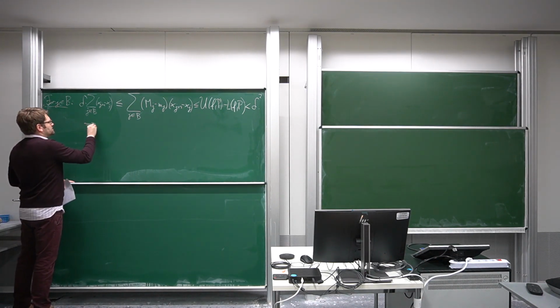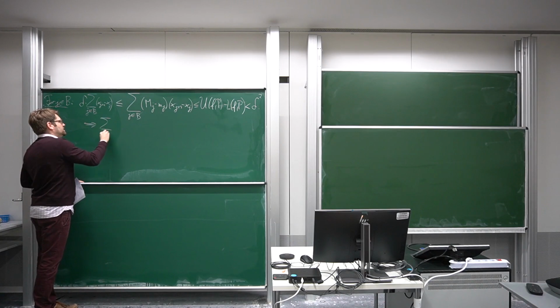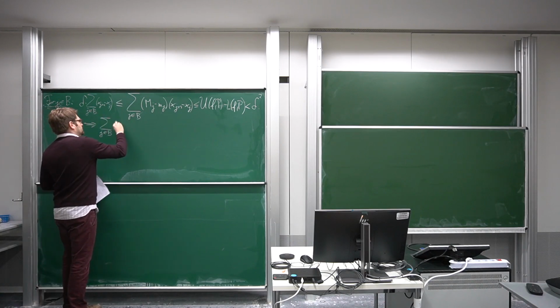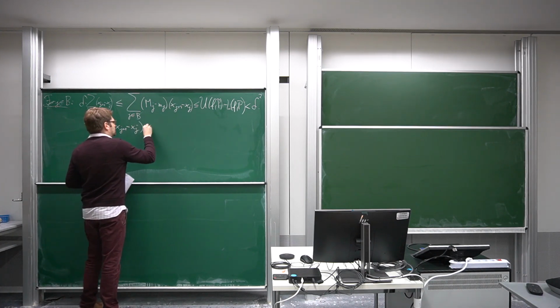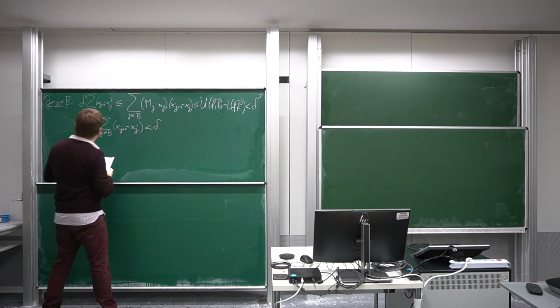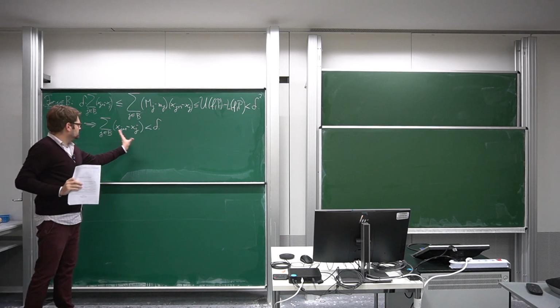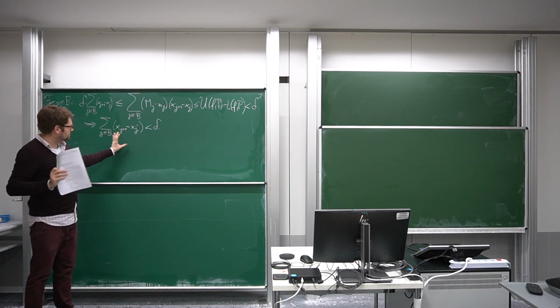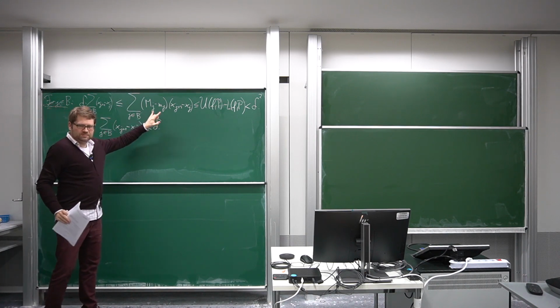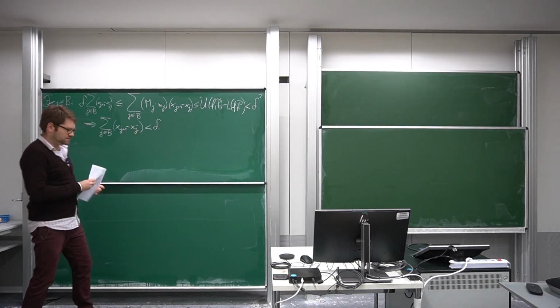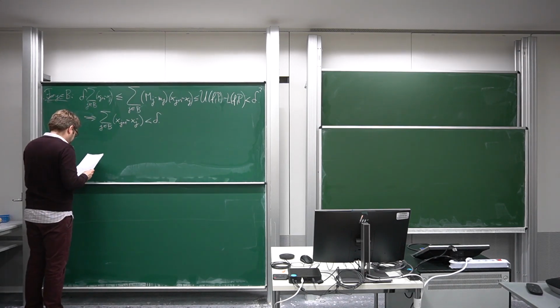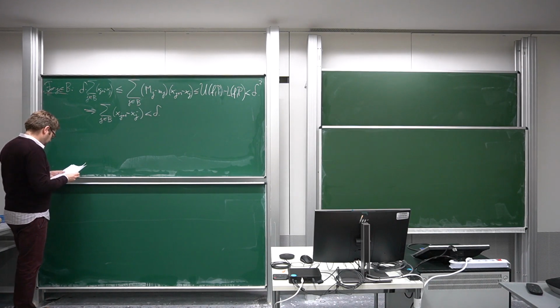So the sum over all j in B of xj plus 1 minus xj is smaller than delta. So the total contribution of the parts of the partition where these differences become quite big, there we know that this total length has to be small.